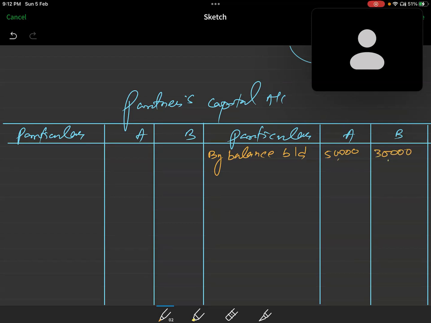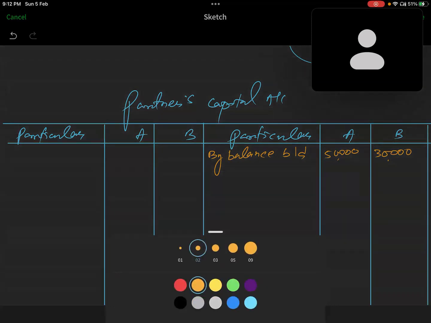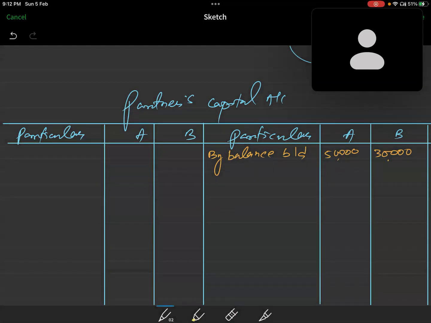Apart from this, we'll record every value that needs to be transferred to the partners' capital account. Whatever the partners are going to get, like salary, commission, interest on capital, everything needs to be written on the credit side. Whatever payment we make to the partners' accounts needs to be written on the credit side.